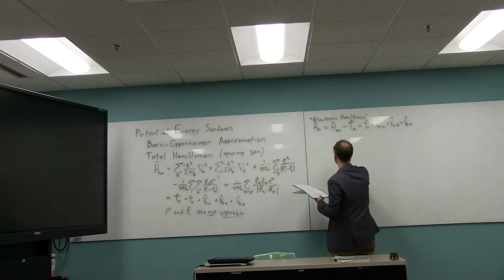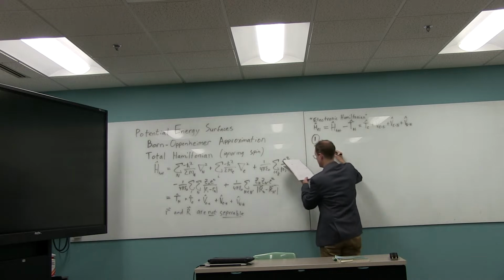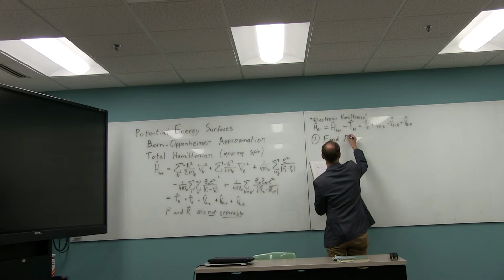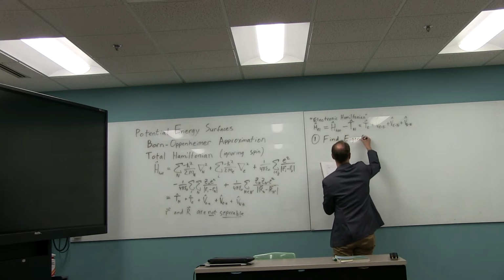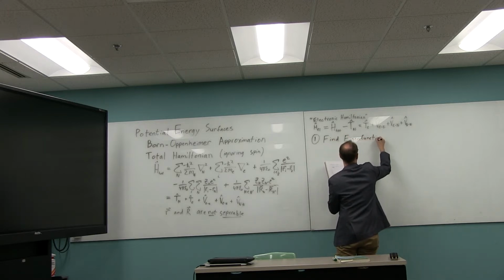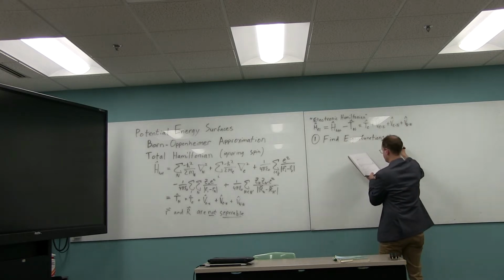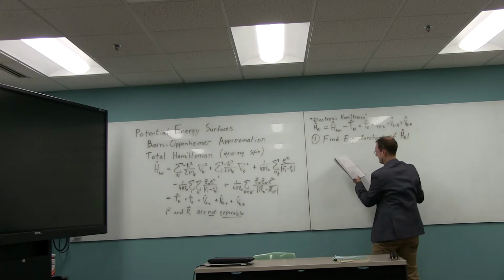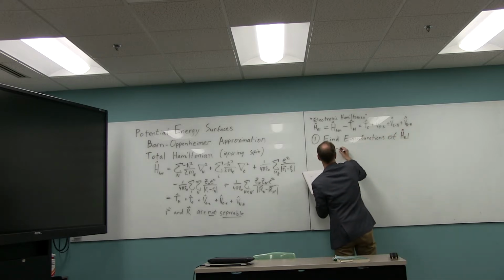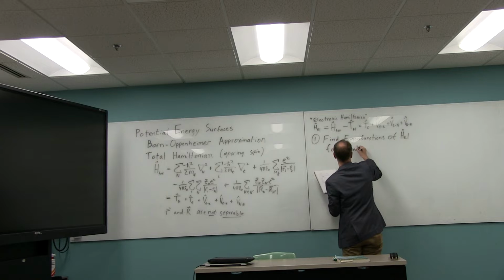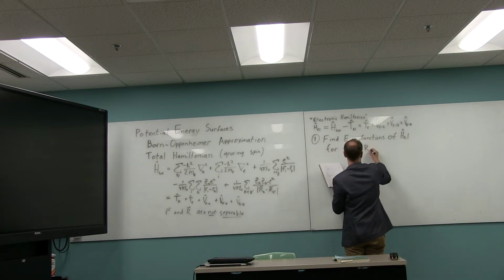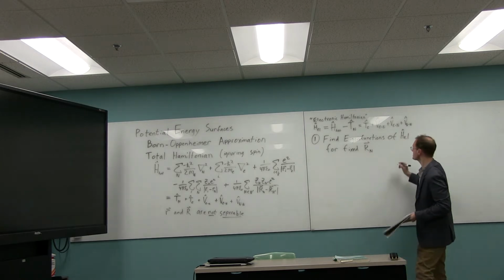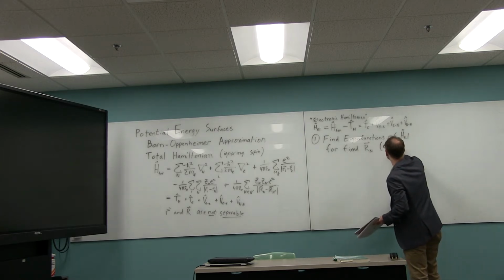The first step in our approach is to find eigenfunctions of the electronic Hamiltonian for fixed values of the nuclear coordinates. Okay, so basically you clamp the nuclei in place.